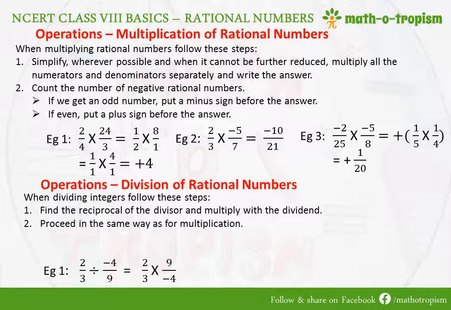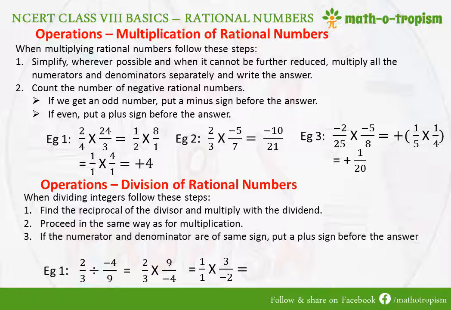Next, proceed in the same way as for multiplication. So we will be checking whether any simplification is possible between the numbers. We can see that 4 comes in the 2 table, 9 comes in the 3 table. So I simplify it and write it as 1 by 1 into 3 by minus 2. And again, if we check the signs, there is only one sign in the denominator and that is a negative sign.